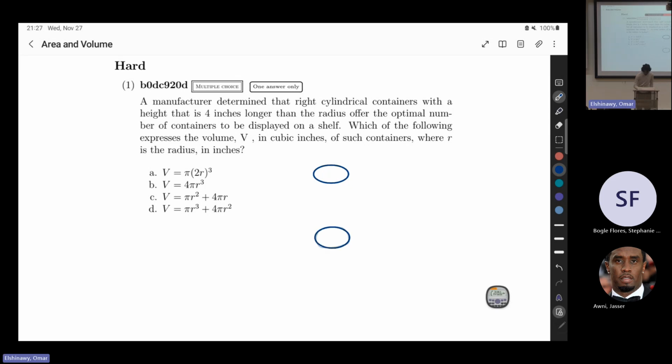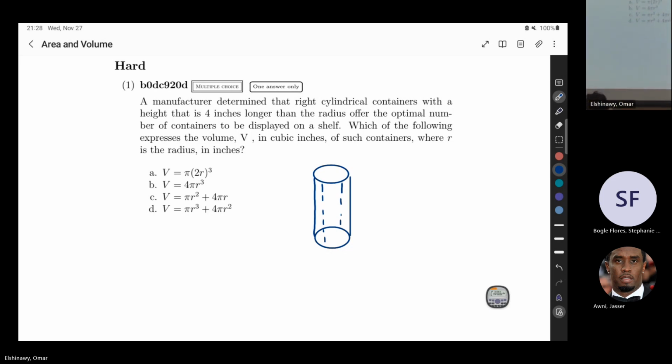You can of course think about the problem, but I'll just draw this cylinder. They also use this thing. I'll zoom in on myself, it's going to be funny. This is what a cylinder is.